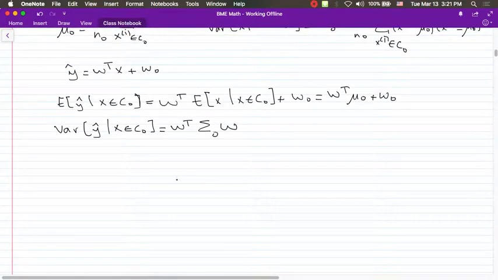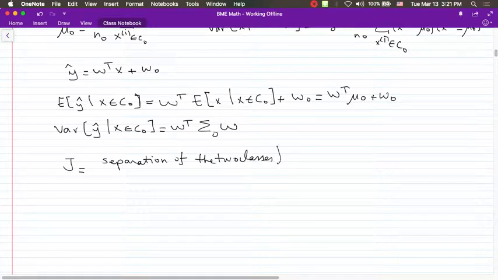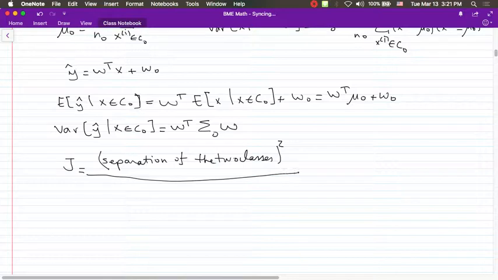Okay, so here's the cost function that he says would be worthwhile to try to maximize in this case. He says take the distance, the separation of the two classes, square it, and divide it by the sum of the within class variance.